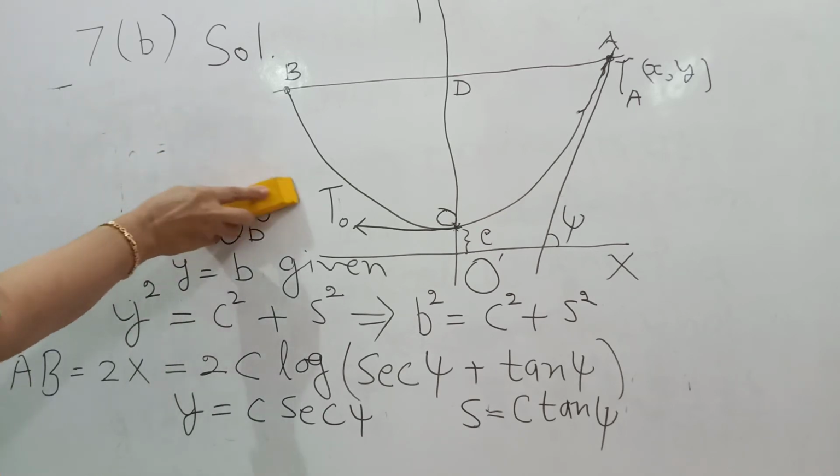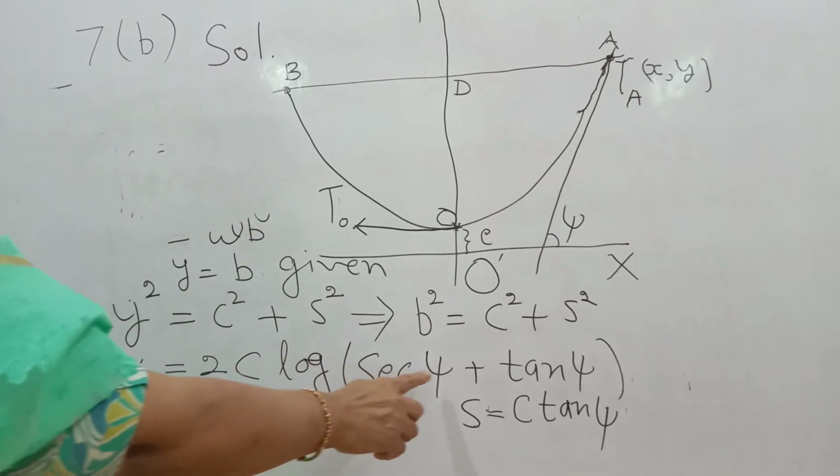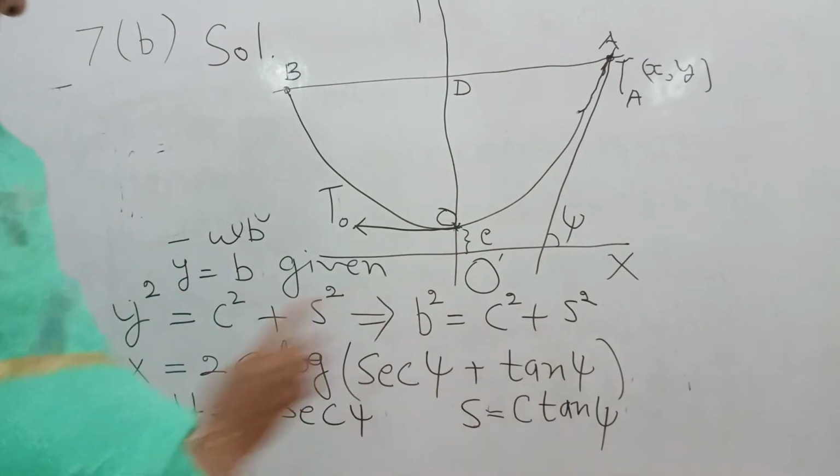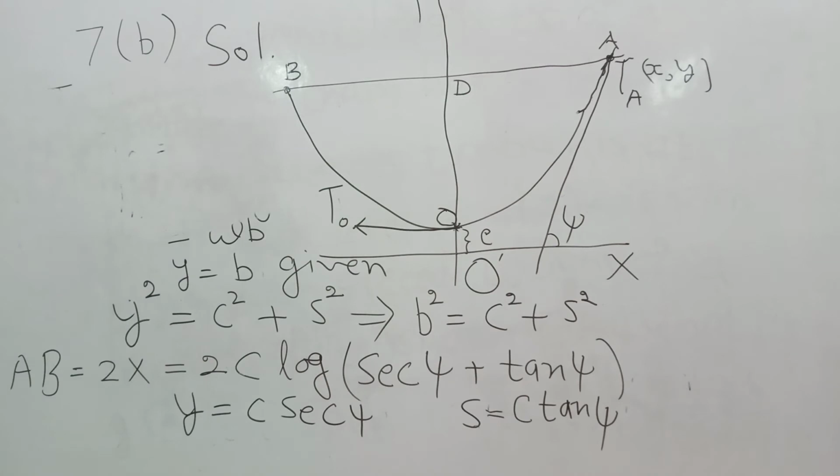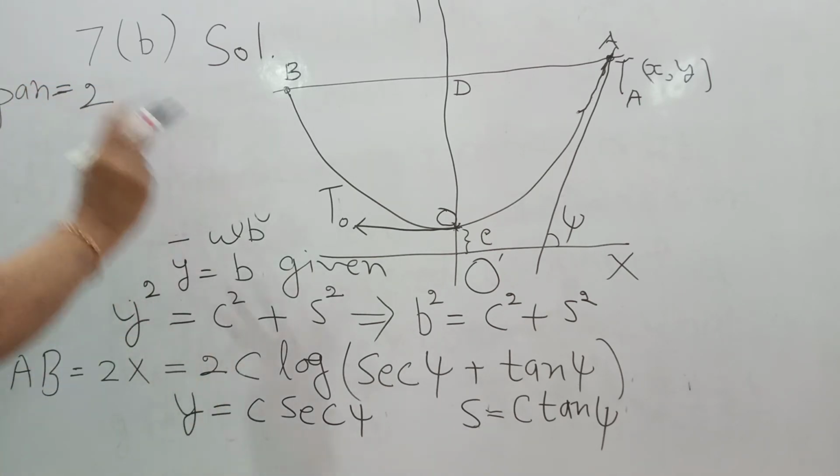Now value of C, value of section, value of tension from these three formulas. Okay. So what we are going to get is span is equal to 2 times, now what is C?